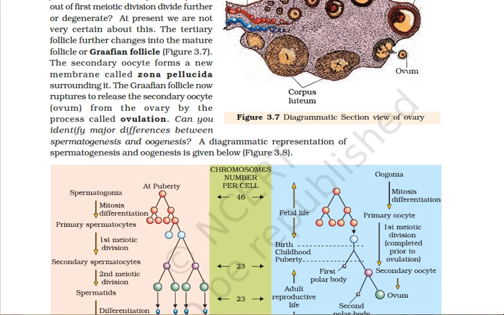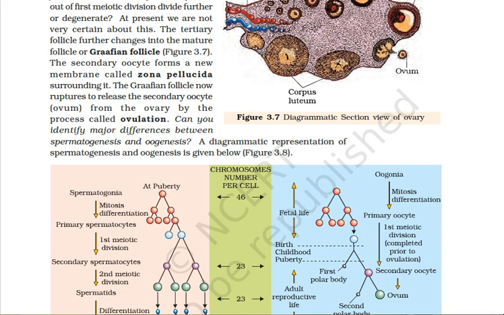Now I would like to explain the development of ova in the ovary, that is related with oogenesis. In the ovary, the primary germ cells from the germinal epithelium divide mitotically to form oogonia.